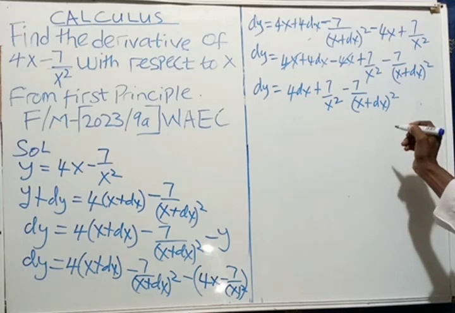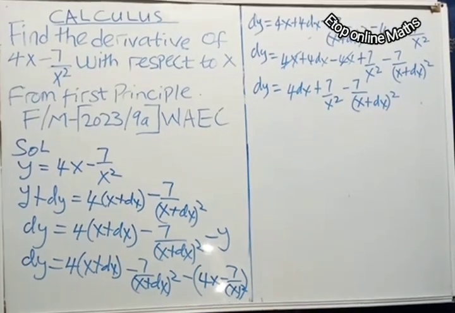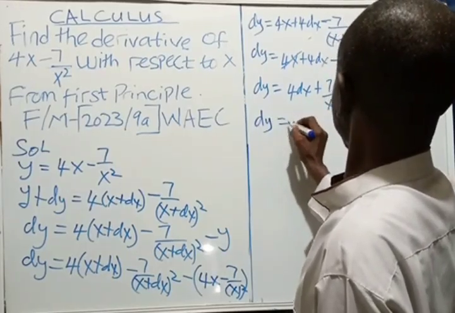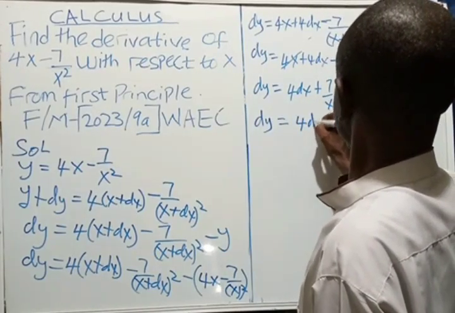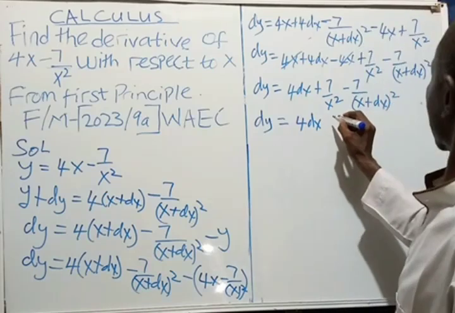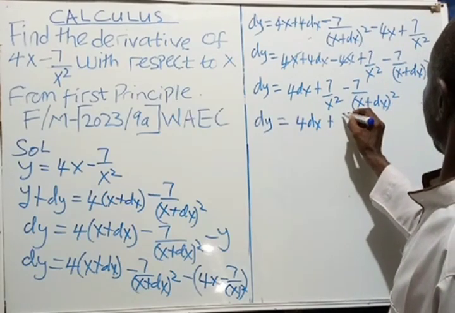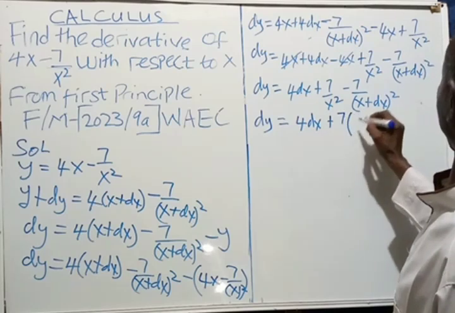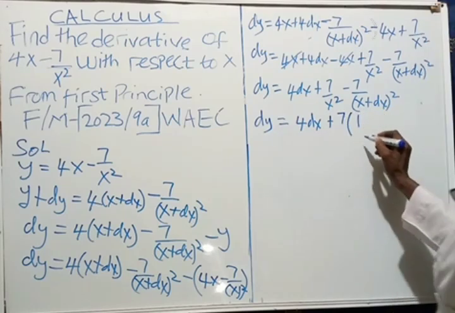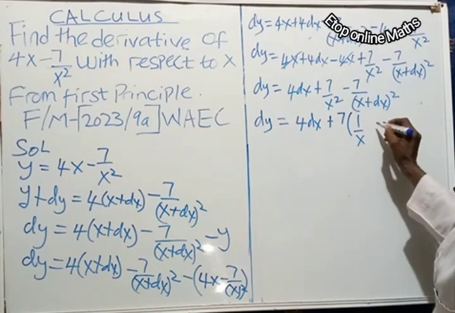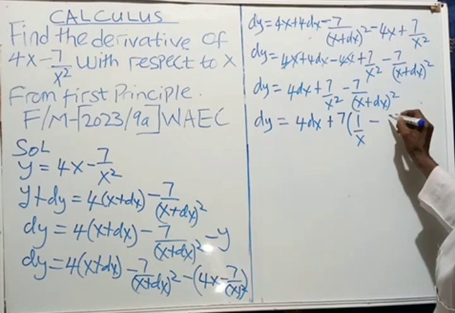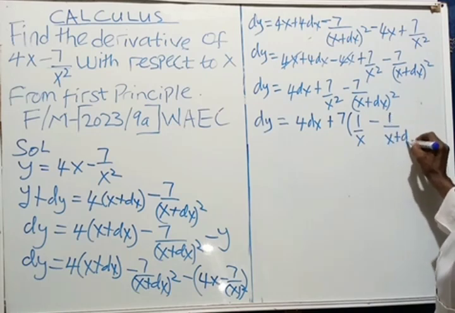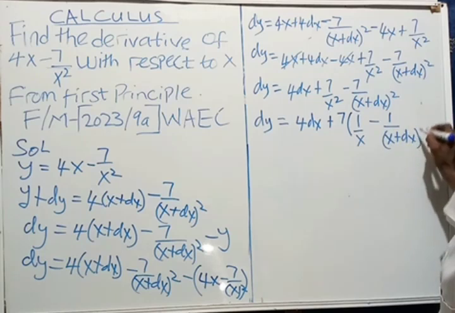Now, I simplify this by saying dy equals 4 dx plus 7, which is common, 7 into 1 over x squared minus 1 over x plus dx raised to power 2.